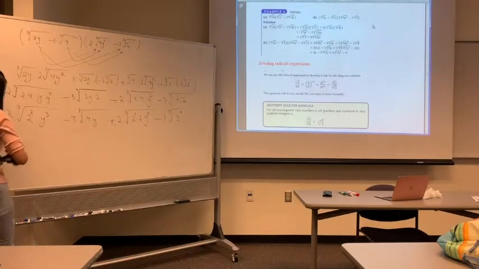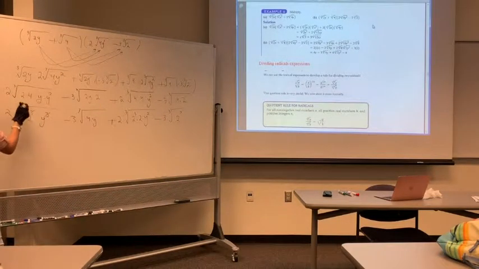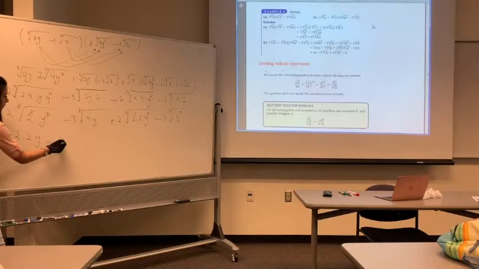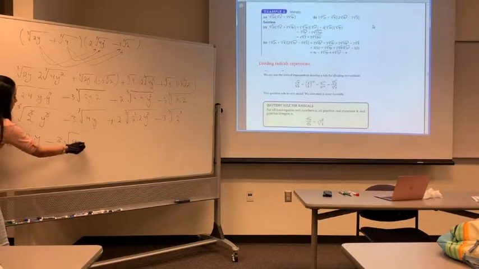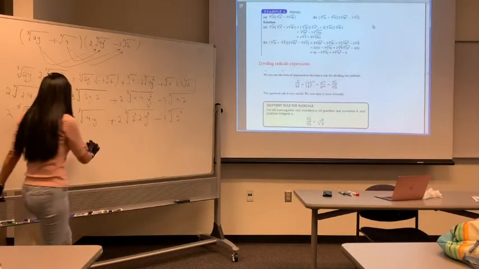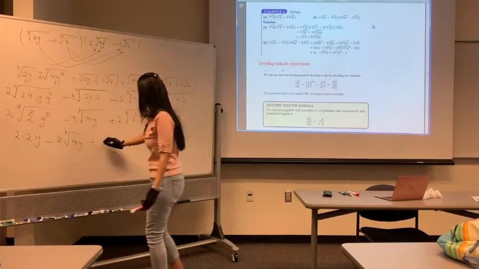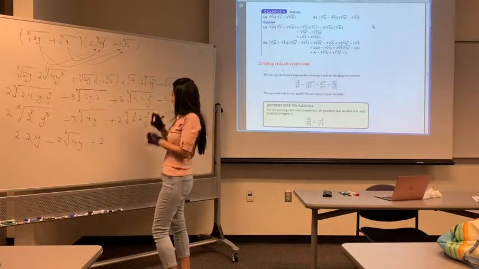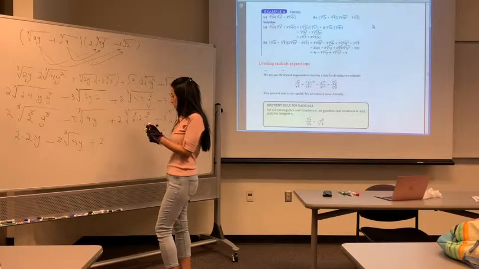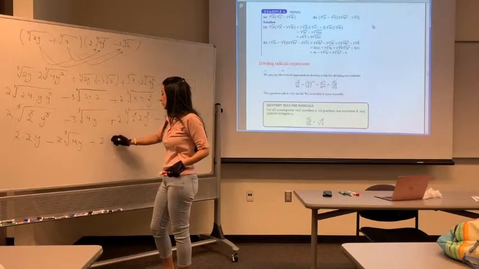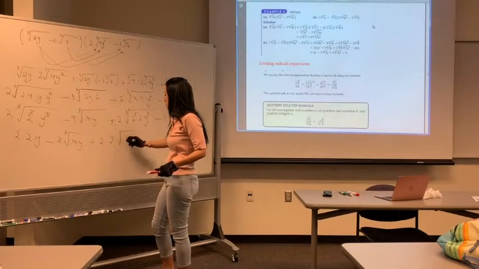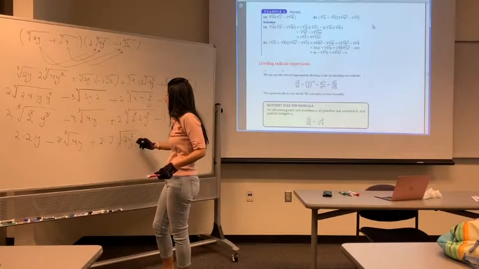Now you know exactly what we are doing. This one cancels with this. 2y minus 3, we cannot change this. Nothing comes out. Plus 2, well, this one and this one. So 2 comes out, radical 2y squared stays.